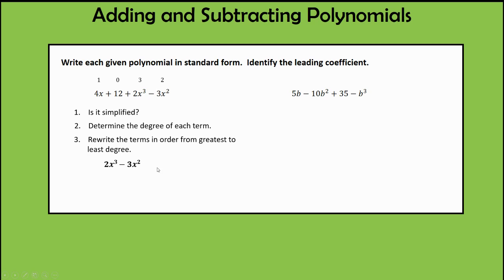And then 1 would be plus 4x. And then my last one is always the constant, because a constant always has a 0 degree, so plus 12. So it's the same 4 terms. I just rearranged them to put them in order from greatest degree to least degree.